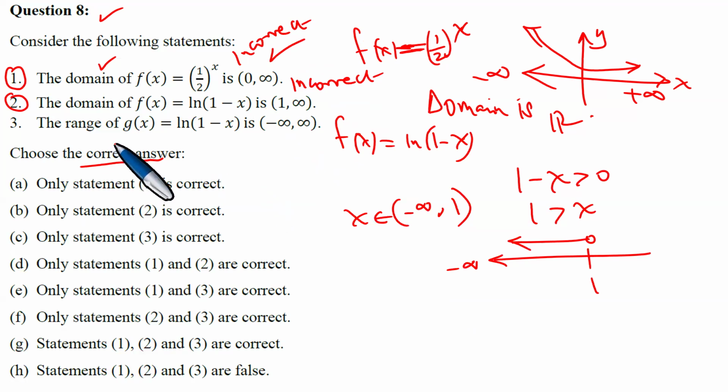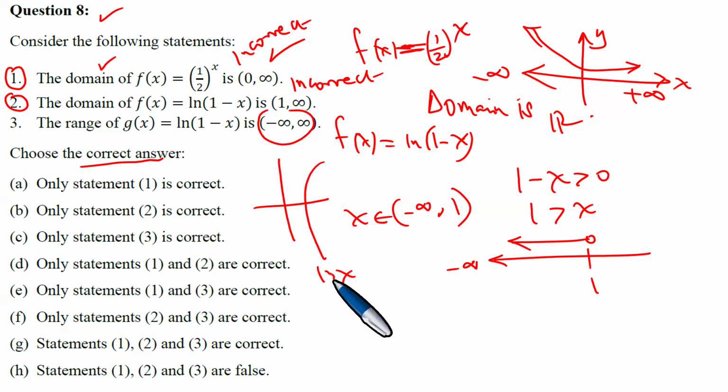The range of g of x, which equals this one, is this range. What is the range of this particular function? We're able to see, therefore, that the range of this particular function is all this, because no matter what you do, the log function is this for ln x. Whenever we graph ln x it is this, and even when you move it, it will have the same range.